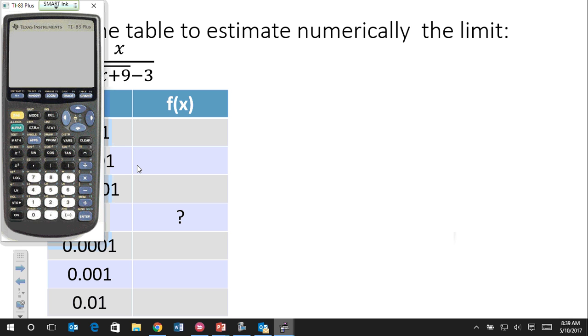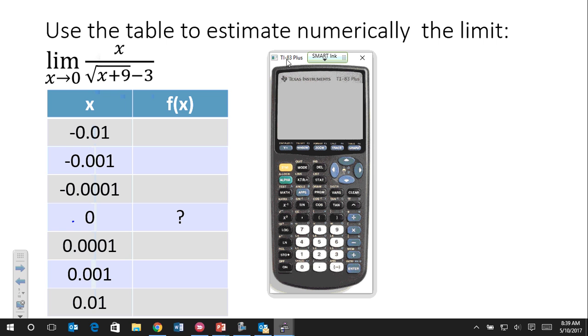Okay? So we're thinking that we're going to plug in x over, so negative 0.001 divided by, and then in parentheses we're going to do a square root of negative 0.01 plus 9 minus 3.